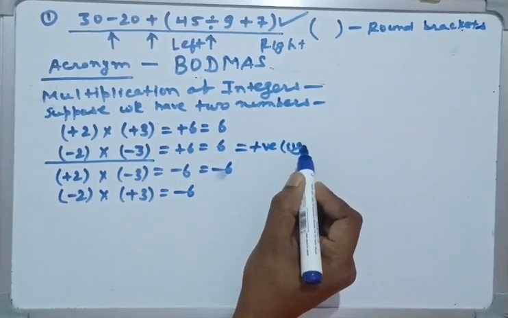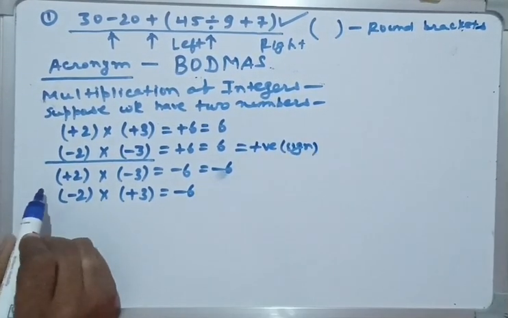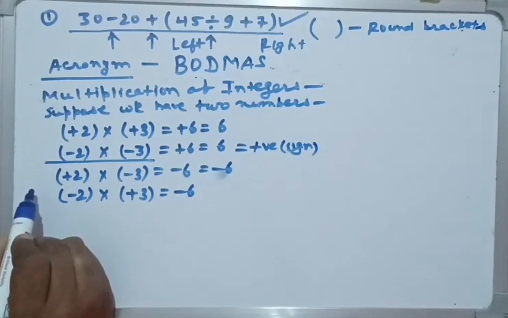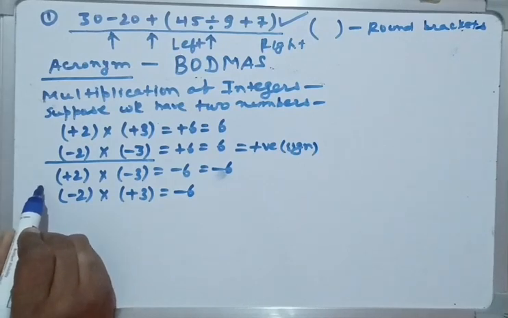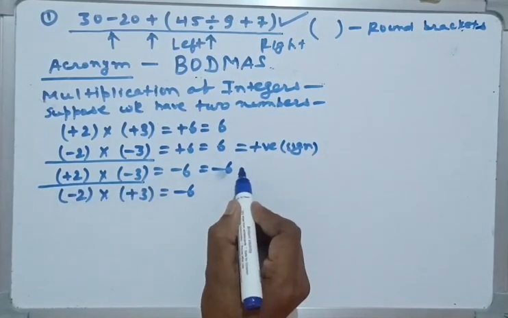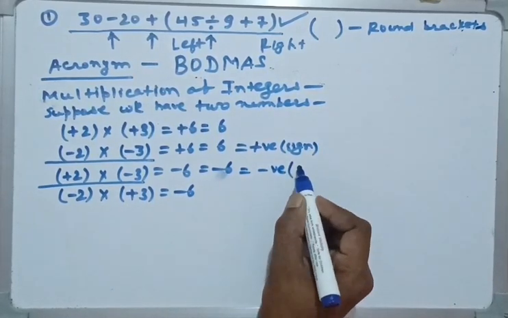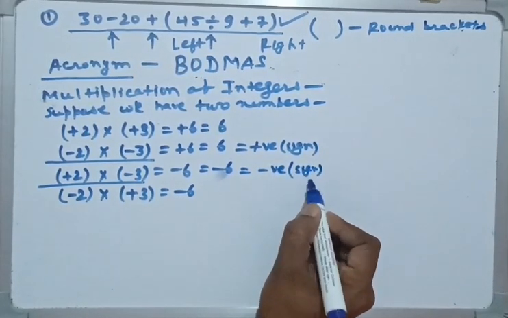When an odd number of negative numbers exist and you take the product of these numbers, then the solution of this product must have a negative sign.